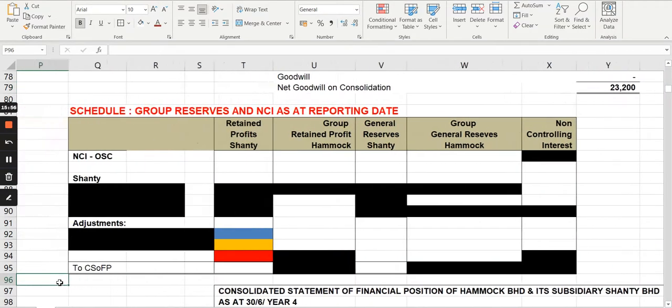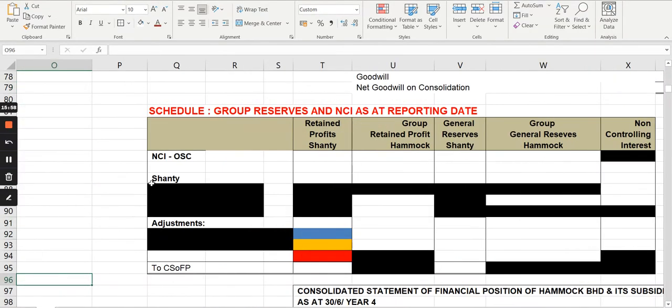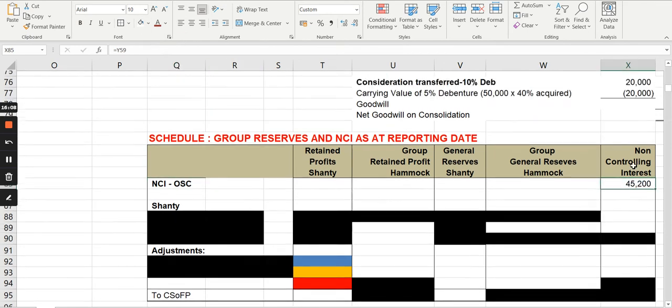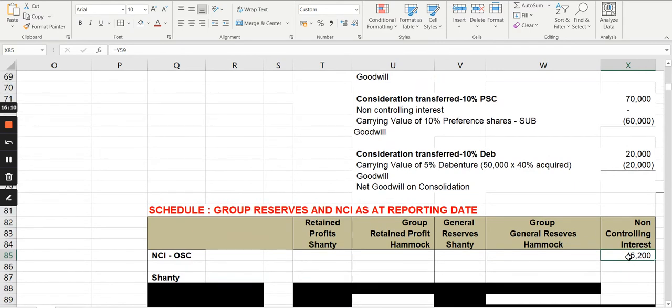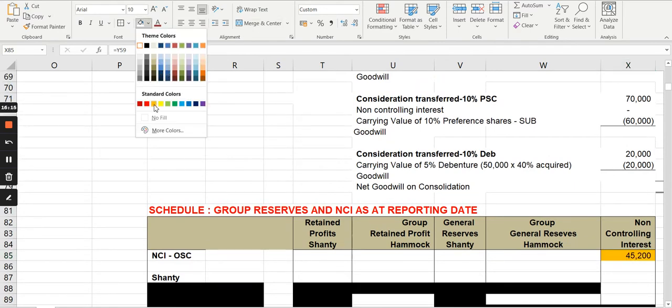Enlarge the size. Right. So now the first thing that you need to do is to put the non-controlling interest amount that you have at the beginning, or on the date of acquisition. This is directly from the calculation of goodwill. So I just put a different color. There are so many colors here.